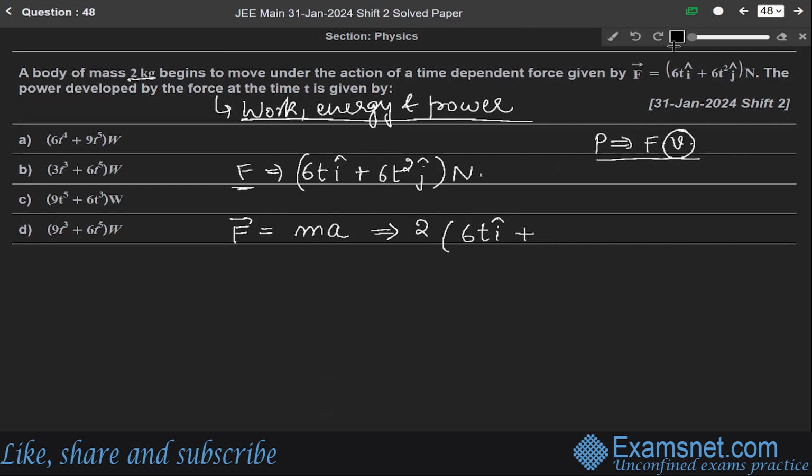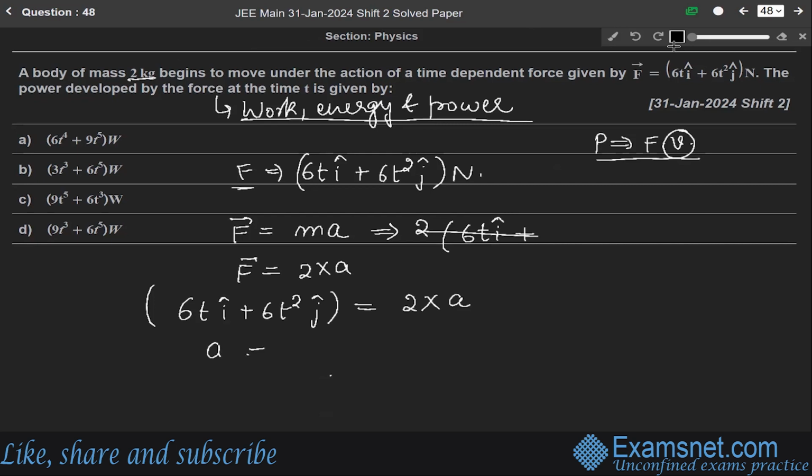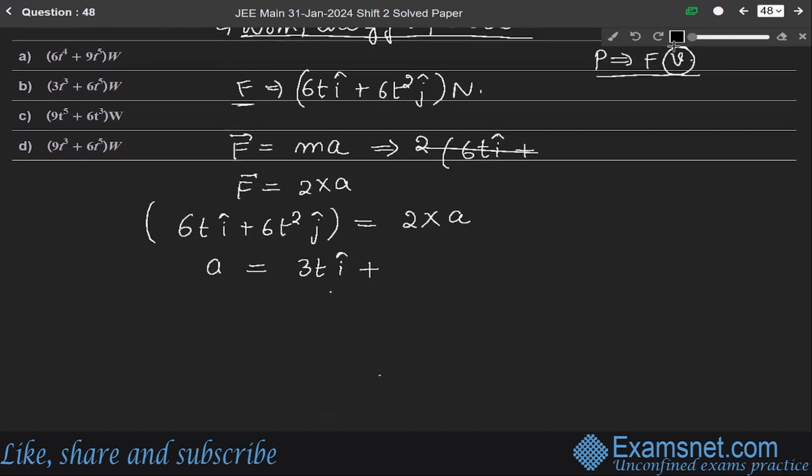Force is given as 6t i cap plus 6t square j cap, which equals 2 into a. So a will be equal to 3t i cap plus 3t square j cap.